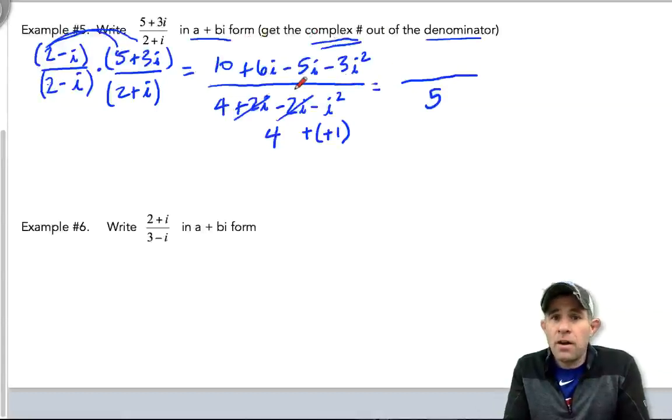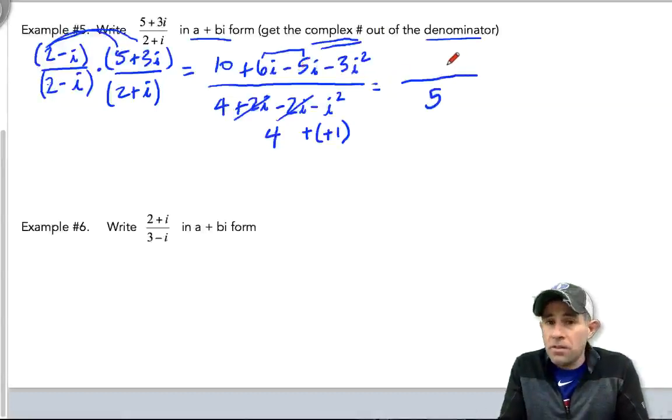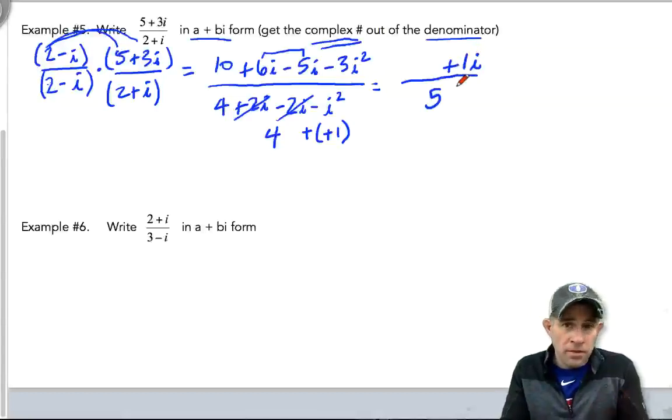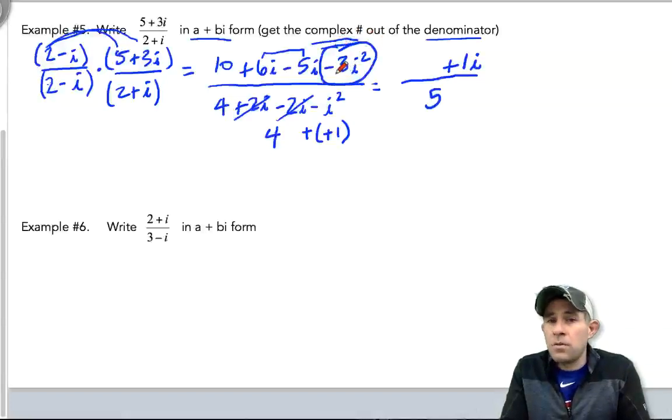Now let's simplify our numerator. We're going to combine the 6i and the negative 5i to give us positive 1i. And I'm going to write that in the imaginary part. Now, I've also got to combine my last term here, which is negative 3 times a negative 1. So that turns out to be a positive 3 plus 10.